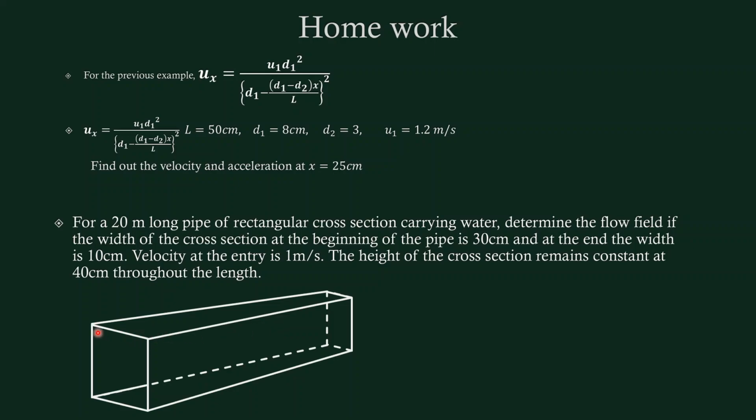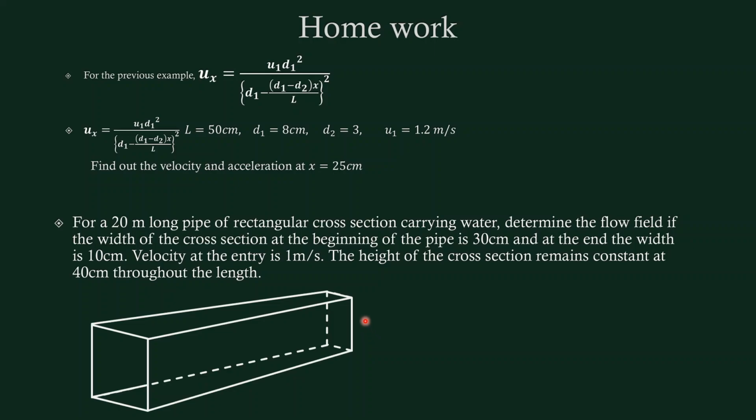At this cross section the width is 30 centimeter and it is reduced to 10 centimeter when the pipe is ending. The total length of the pipe is 20 meters and the height of the cross section, whatever is the height here, the same will be the height here.